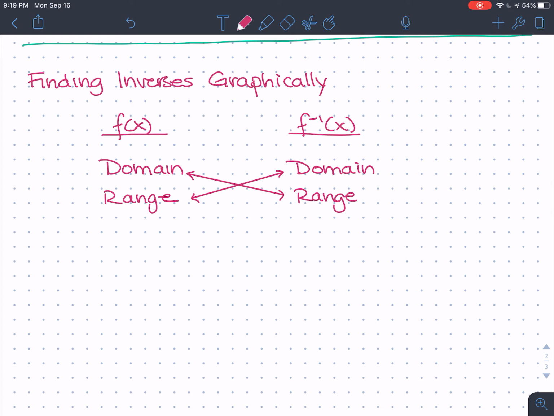So if the domain becomes the range and the range becomes the domain, and the x values are the domain and the range is the y values, if the domain becomes the range, it's like the x's become the y's and the y's become the x's. You switch x and y.